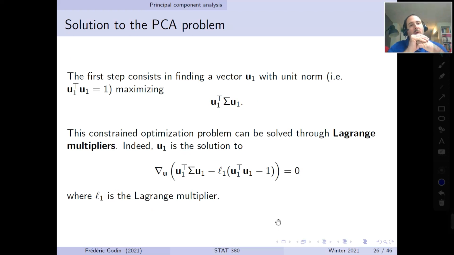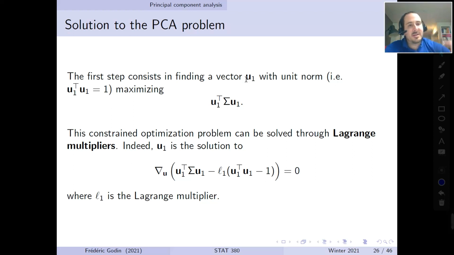Okay, so let's now show how to solve our previous problem, which was to maximize this quantity. Before that, let's consider only the first step. The first step for the first vector entailed solving the following problem: maximize the sample variance of projection length of the data points on U, under the constraint that U must have a unit norm.